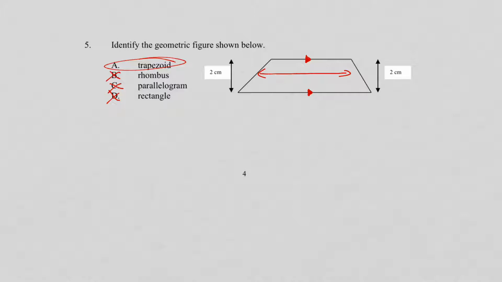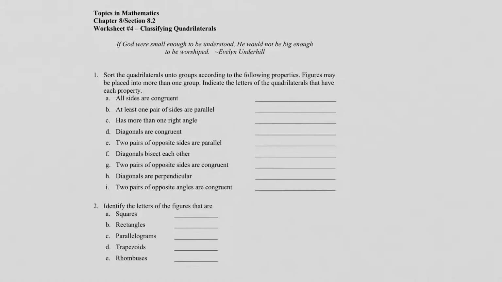This is worksheet number 3. That's the first worksheet in 8.2. Let's go to the second one. So this is just classifying quadrilaterals.